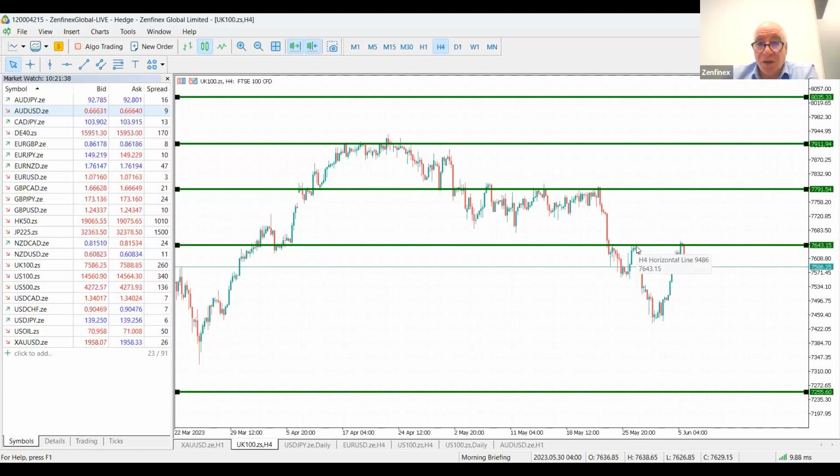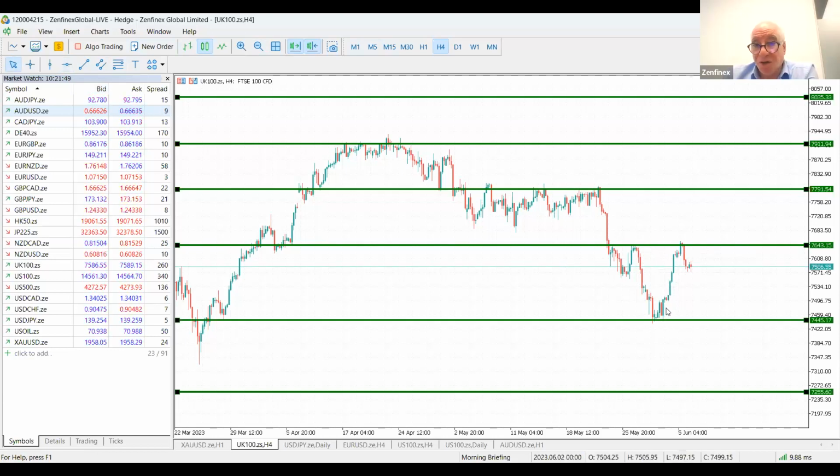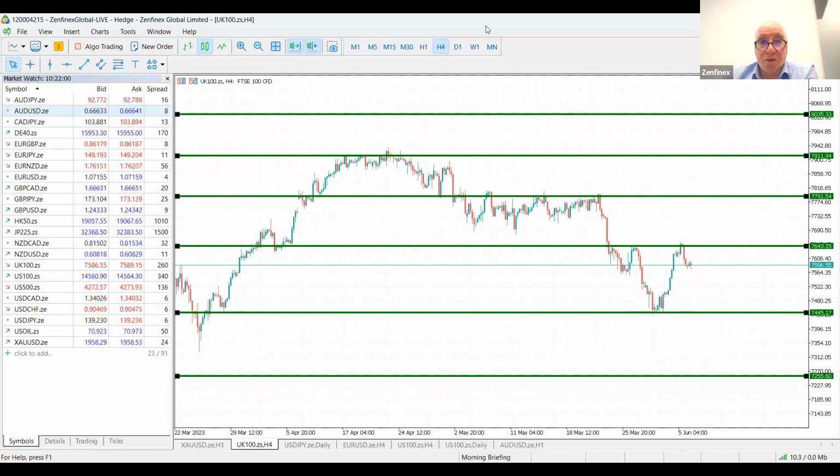Because even when we, I know we were looking at this level before, came back, resisted, came back down, and now if I draw a level of support here, we're now starting to narrow in and get some ideas on, is the next likely move up or down?